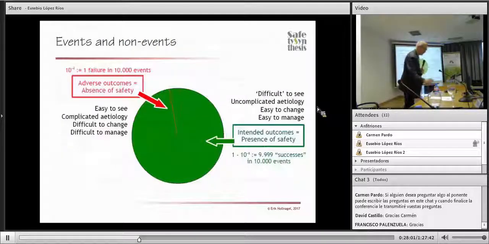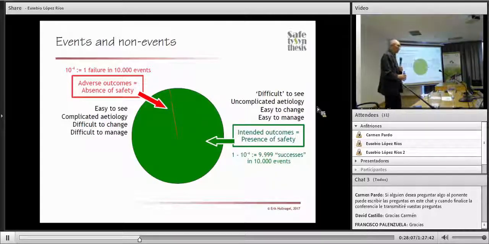So if you look at it in this way, you can say, well, let's try and represent a situation where you have a probability of failure of 10 to the minus 4. And we can illustrate it in this way. This circle represents 10,000 events. Or it could be 1,000, it could be 100,000, or whatever.